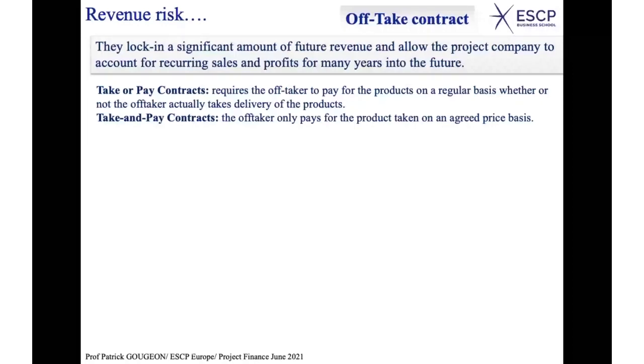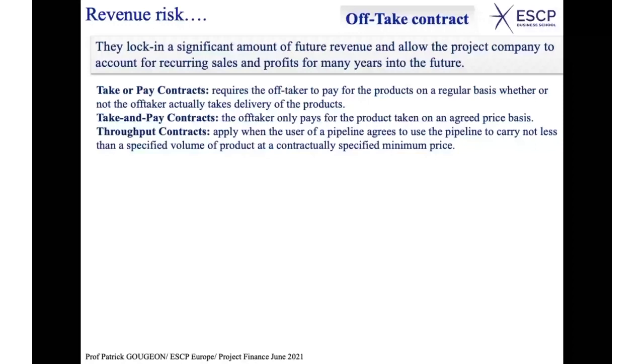Throughput contracts are typically applied to pipelines, which are huge infrastructures, and a lot of project finance concerns pipelines. Then you agree to use the pipeline to carry not less than a specified volume, so that you get an agreement on a minimum volume of product at a minimum price.